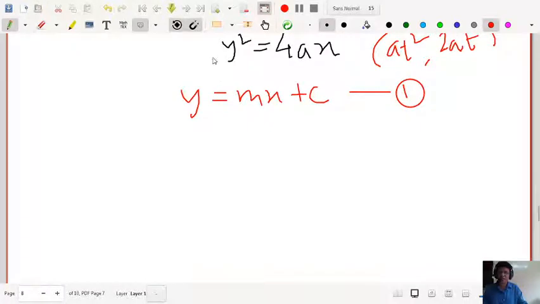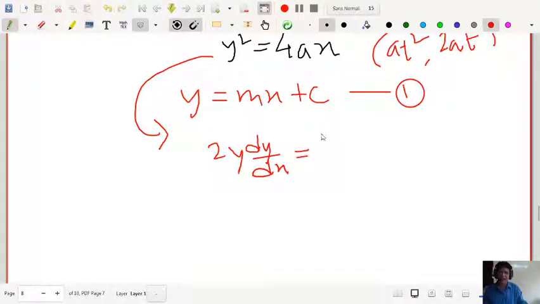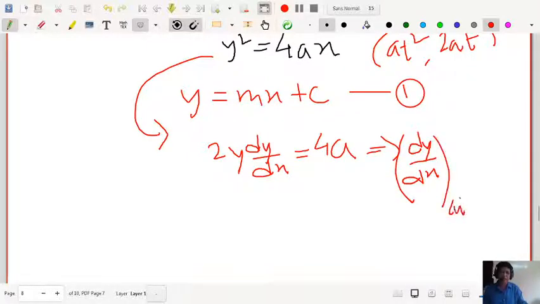So if you differentiate y square is equal to 4ax, what will happen? So 2y dy/dx equal to 4a. So dy/dx at the parametric point at square comma 2at is equal to, because you have 2a by y, so you have 1 by t is the slope.